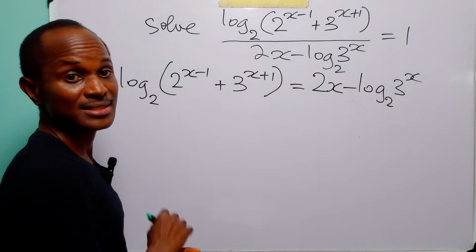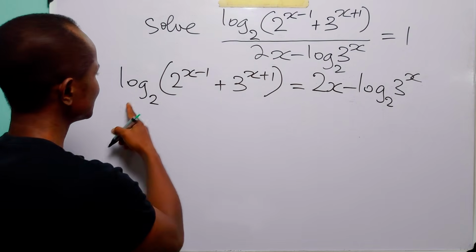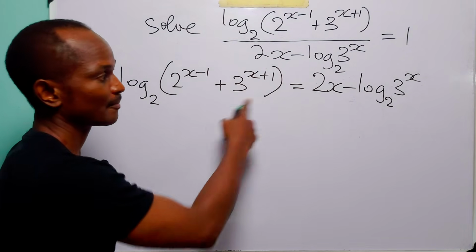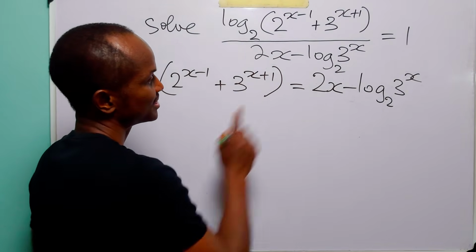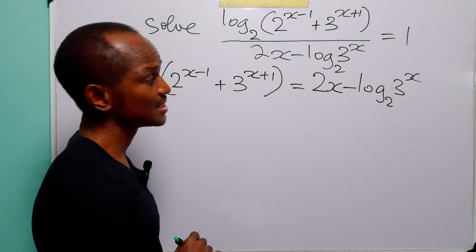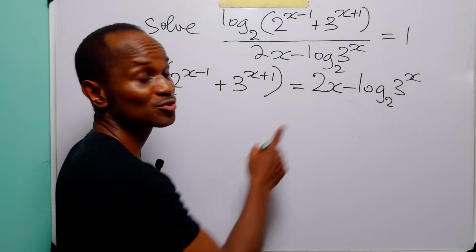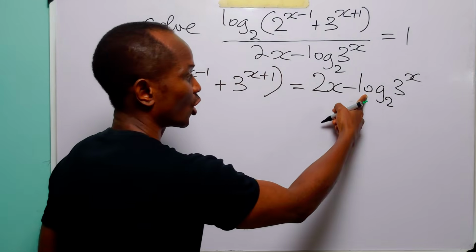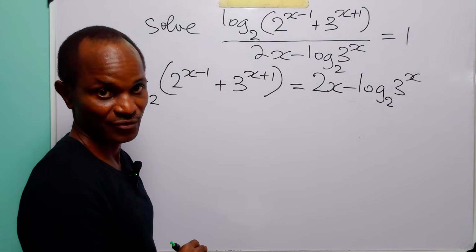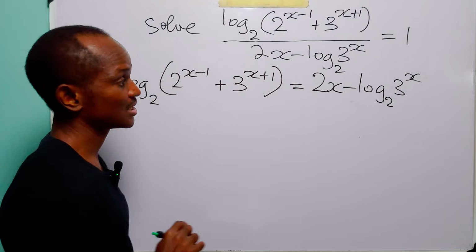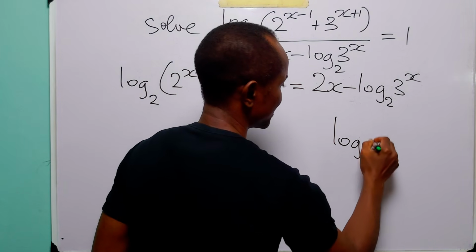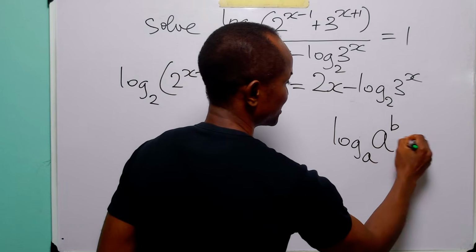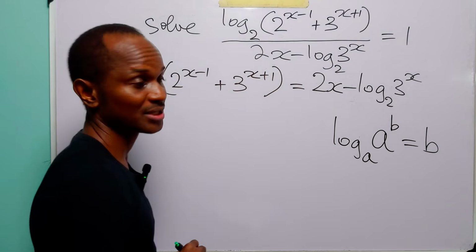Now, when you look at this equation, you will see that this is a log term and this is also a log term, but this is not. So the question is, is there a way for us to write 2x in terms of log to base 2? And of course, the answer is yes, because let us recall that when we have log to base a of a to the power b, this is equal to b.